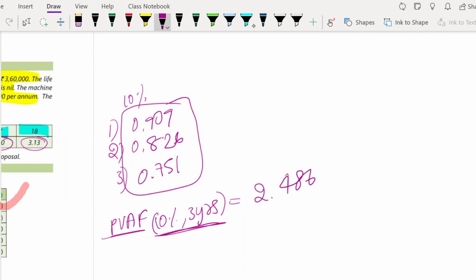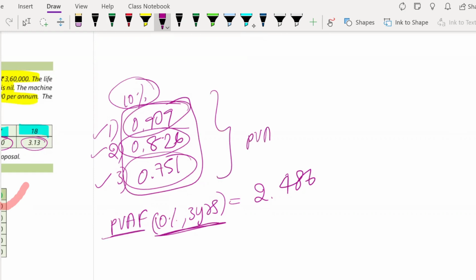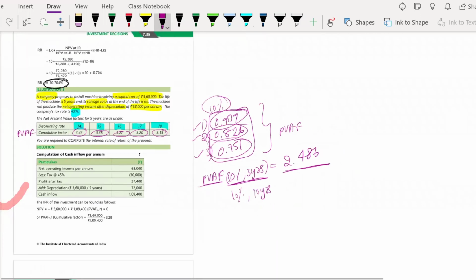If you discount for 3 years and add all these discounting factors, that will be known as your PVAF. If you have to find out 10% for 10 years, then accordingly you add all the discounting factors. I hope you understood this, but there's a shortcut to find it. I'll tell you later.